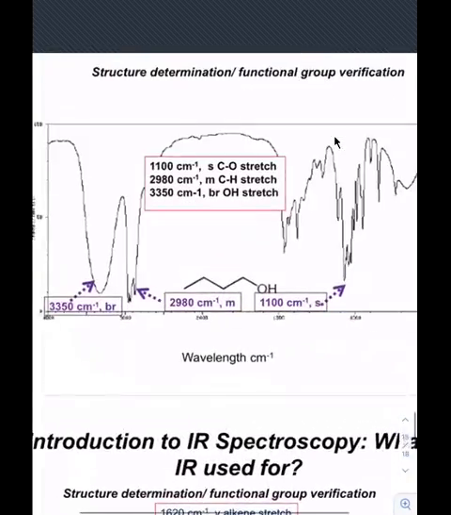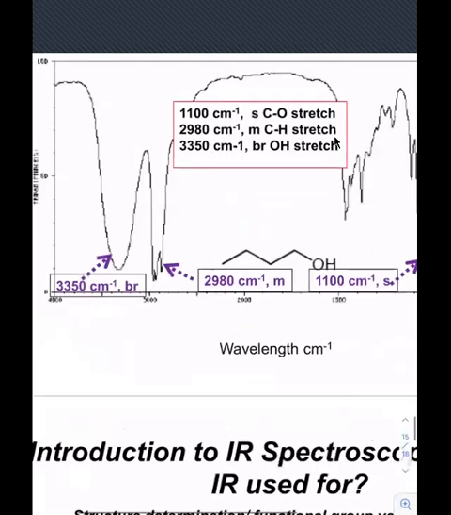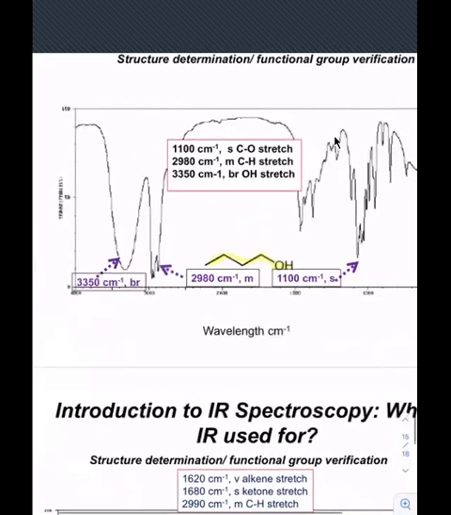And if you look at this structure right here, you can see that you have an alcohol, you have some alkyl chain, and then you also have the CO stretch, and you can see all of those right here. That big broad stretch, very strong stretch. That's my OH. Right here.